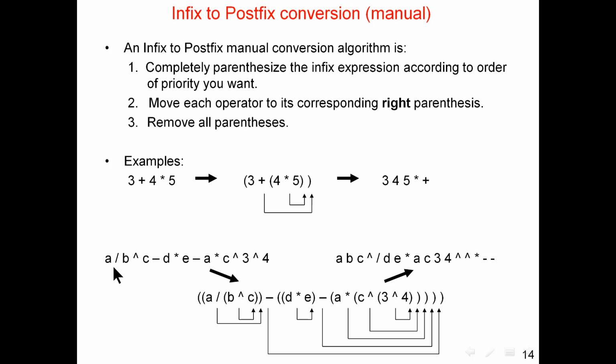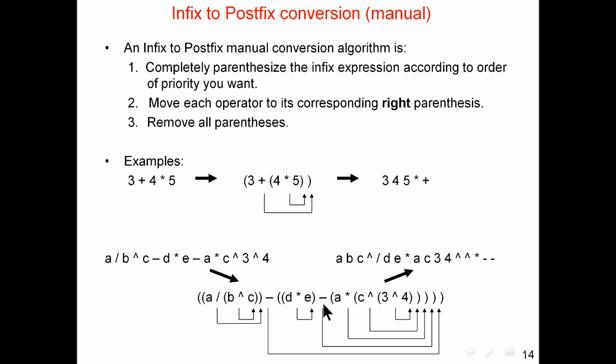You can see a divided by b square c minus c minus d multiplied by e minus a multiplied by c to the power of 3 to the power of 4. So what we do is put the parentheses: a, then this is one parenthesis, then we cover this, then another parenthesis comes in, but you can understand this is actually the whole power.